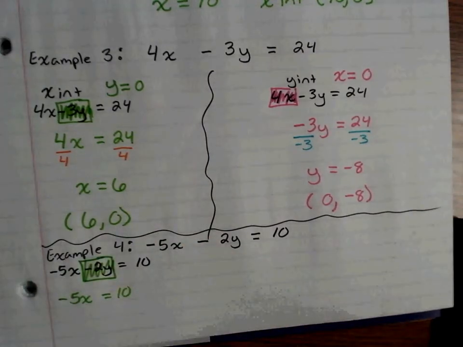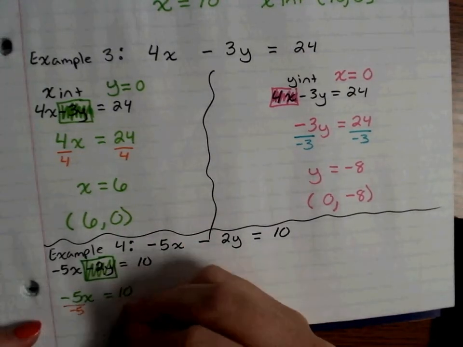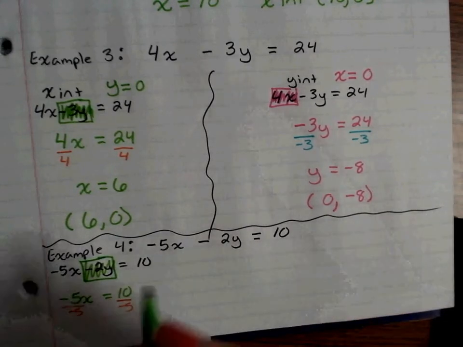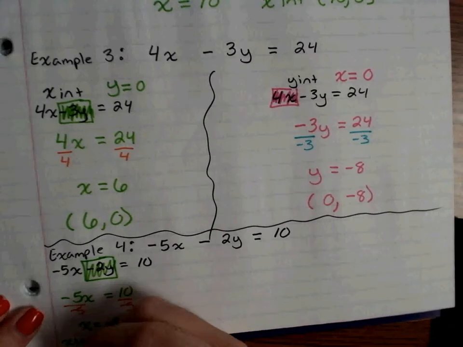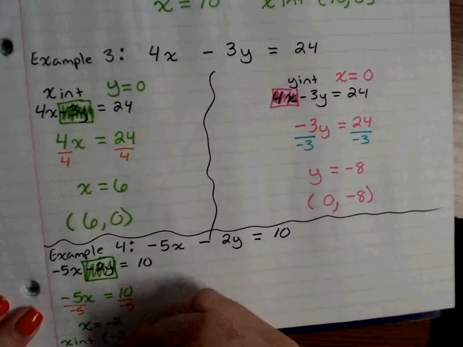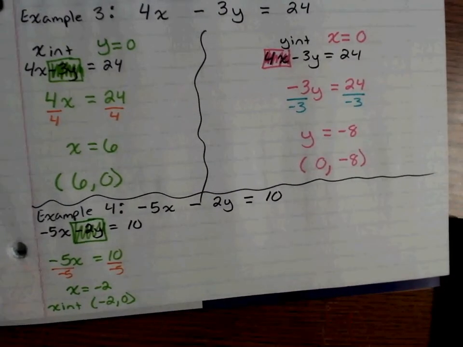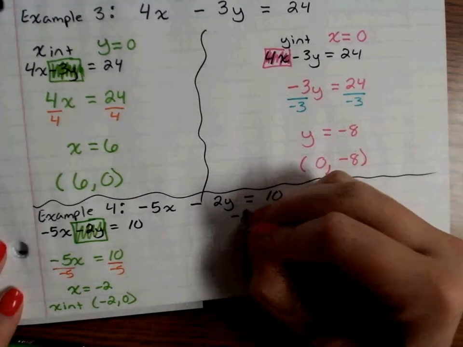So we'd be left with -5x is equal to 10. You would then divide both sides by -5. And you would get that x is equal to -2. So your x-intercept is at -2, 0.